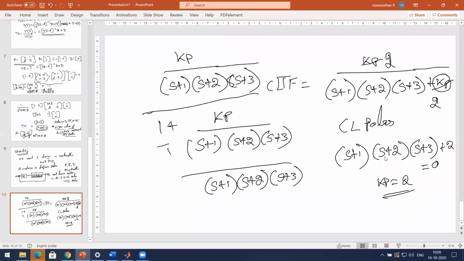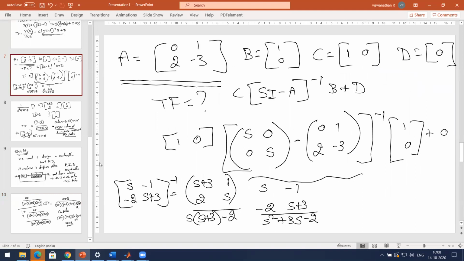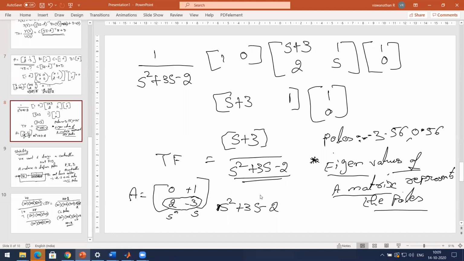So basically what you're trying to do is move the closed loop poles. Now, in this transfer function, s plus 3 divided by s square plus 3s minus 2, is the system stable?